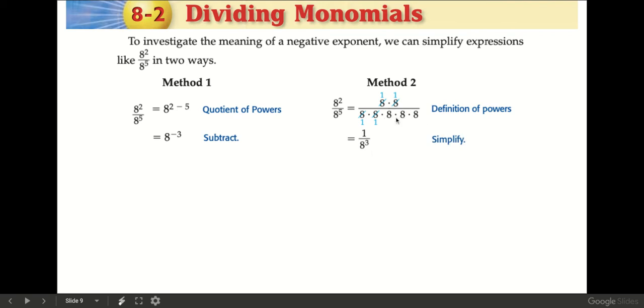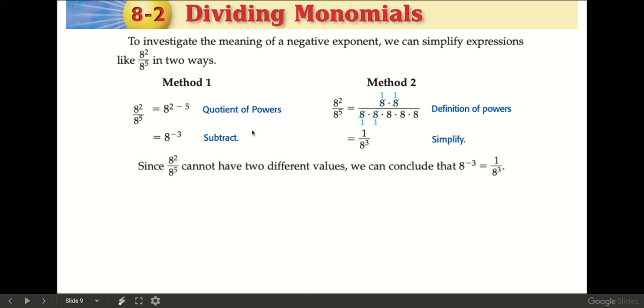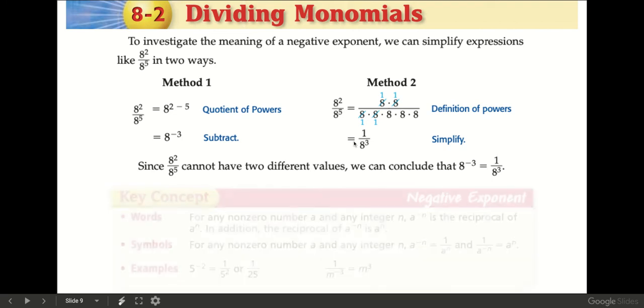Because you're only left with 3 factors of a on the denominator, the bottom of the fraction. So 1 over a to the third. This would tell us that a to the negative third power has to be equal to its reciprocal, which is 1 over a to the third, right? We can see that it's the same fraction, but upside down. So clearly these two have to mean the same thing.